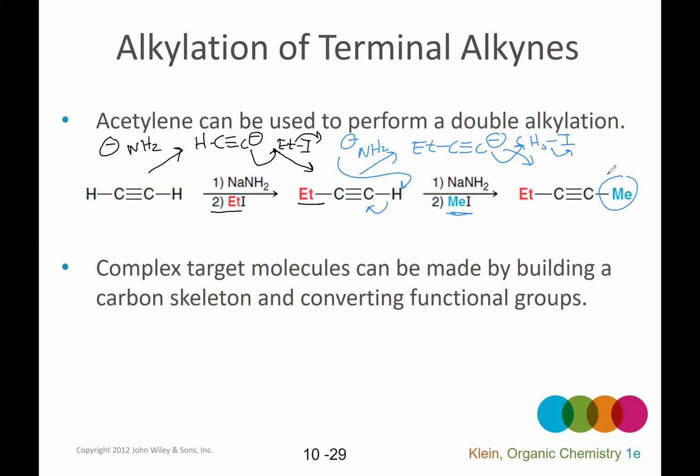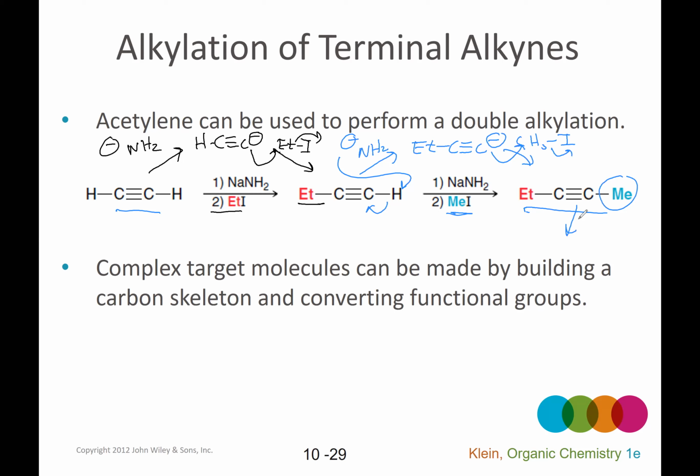So in these two consecutive reactions, we've gone from a 2-carbon chain to a 5-carbon chain, okay? And now what you can do is you can start modifying, you can react the triple bond, you can reduce it to a double bond, and we saw many things you can do to a double bond to introduce new functional groups.